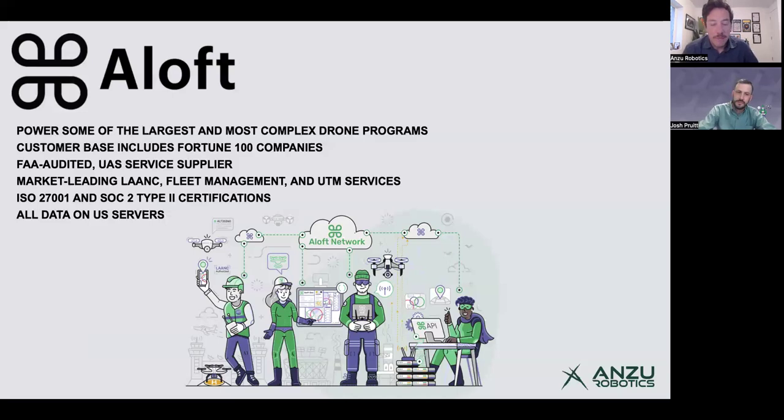So I do want to touch on a few things. Those certifications on data security require annual audits to maintain. Aloft was doing this well before Anzu was a thing, and they're industry standard audits to show that when you have customer data, or any data that you are handling, you handle that data properly.